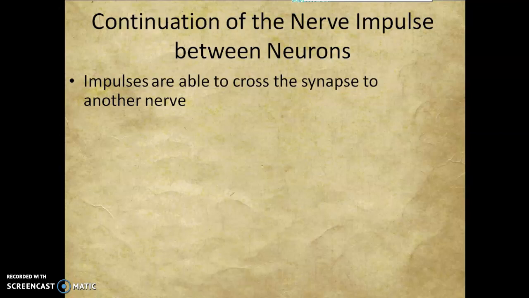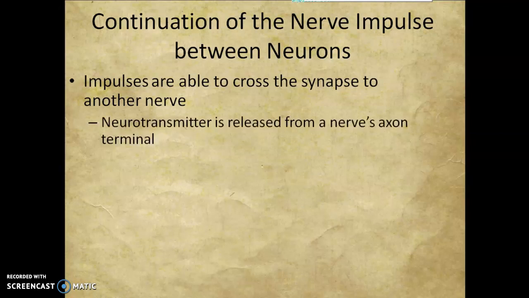And then what happens is once it gets to the end of one neuron, it's going to then pass through the synapse or cross over the synapse to another neuron or another nerve. And it does that by taking that electrical message and then passing on that message through a neurotransmitter. Neurotransmitters, we talked about acetylcholine being a neurotransmitter in the muscle chapter.